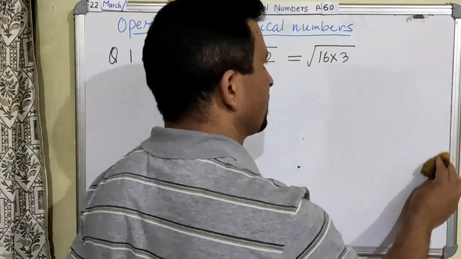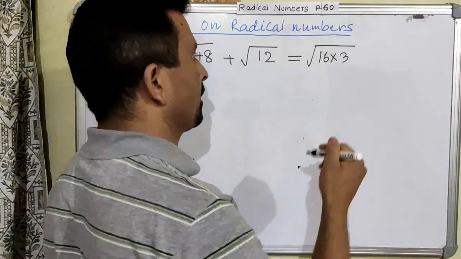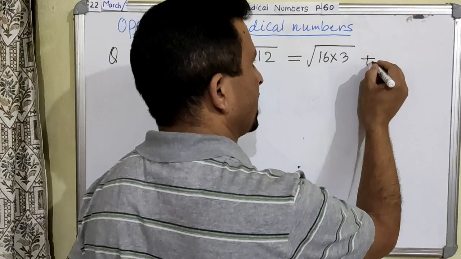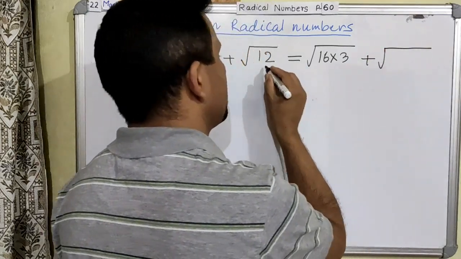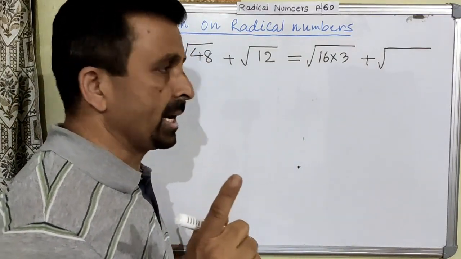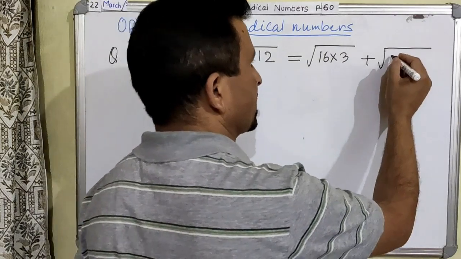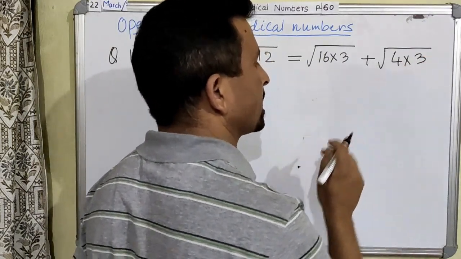Now likewise we can write the factor of the other radicand also. In between there is a plus sign, so write plus sign. So now this number 12 is a very small number. We can do it verbally. We can factorize, keeping in mind that one factor should be a perfect square number. So I am factorizing this as 4 into 3, because you know 4 is a square.